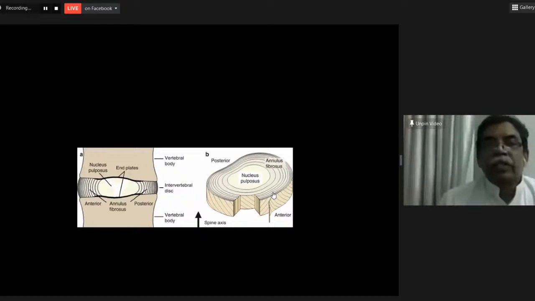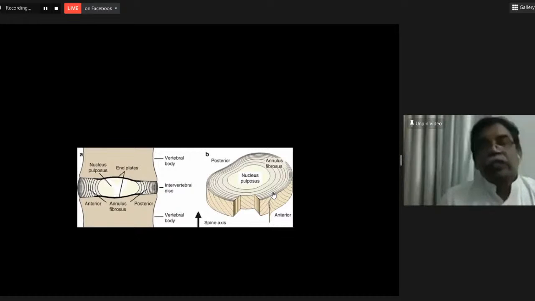It is a tenacious structure, which consists of layers of collagen oriented in different planes. There have been various counts of these layers of annulus fibrosus, and at present the usual thought is that there are about 90 layers which bound the nucleus pulposus.